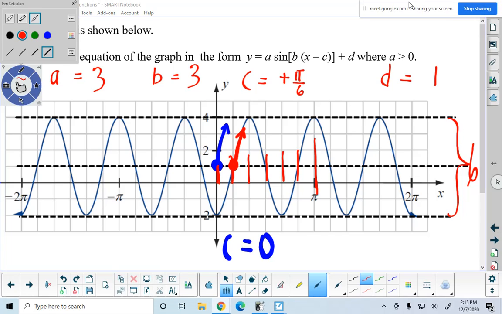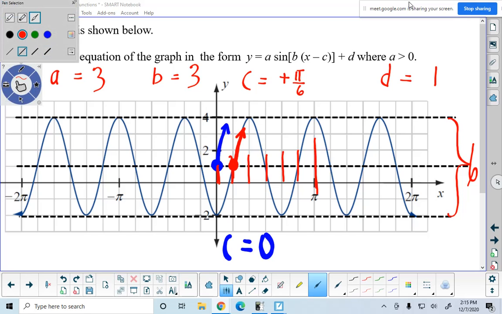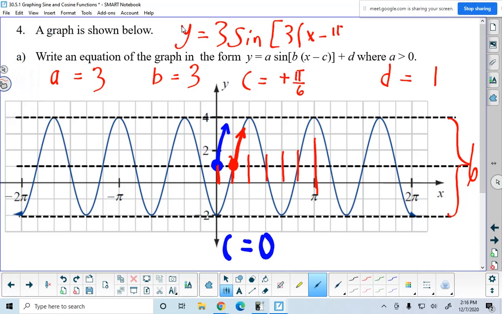What that means, everybody, is that the following is the equation. Y equals a multiplied by sine of b times the quantity x minus c, plus d. So any questions with any of those parameters?